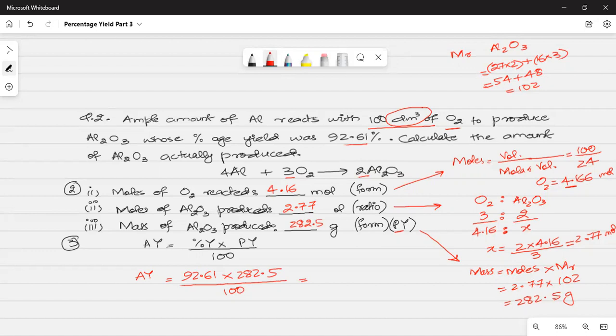So the answer is, so it's 92.61 multiplied by 282.5, and then we divide the whole thing by 100.